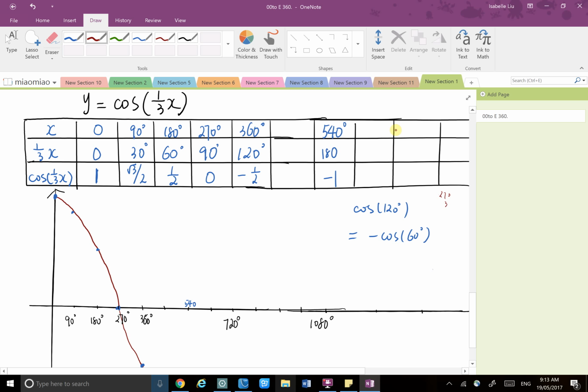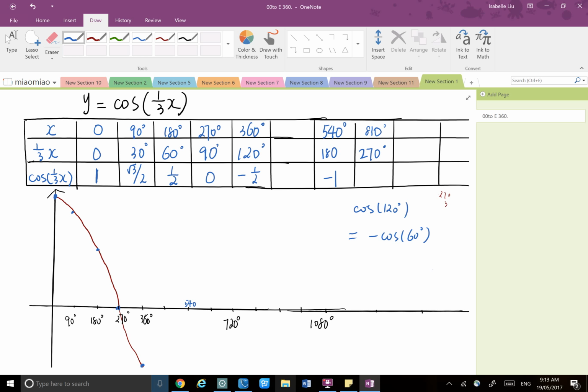Let's say what I have is 810. If x is 810, divided by 3, you have 270. Okay, we have 270. What does cosine 270 give you? 0.